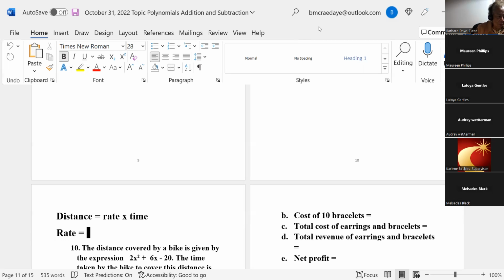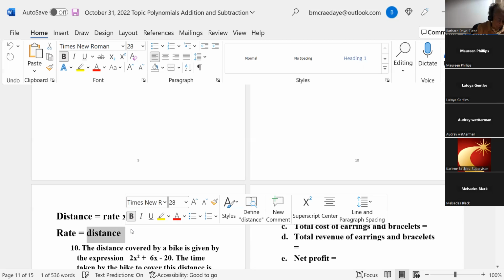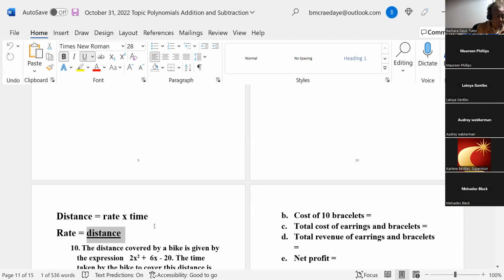If you want to find rate here, you divide both sides by time. So rate would be distance divided by time. You've got to give me math terms here. So distance divided by time, right?